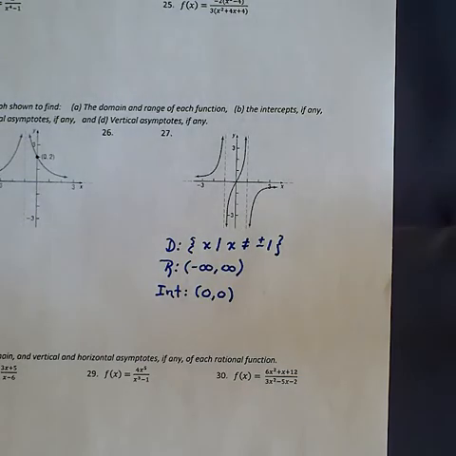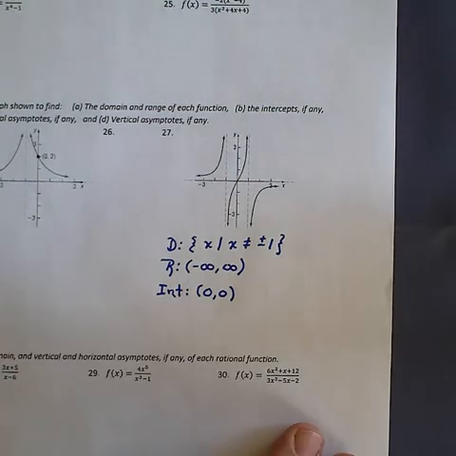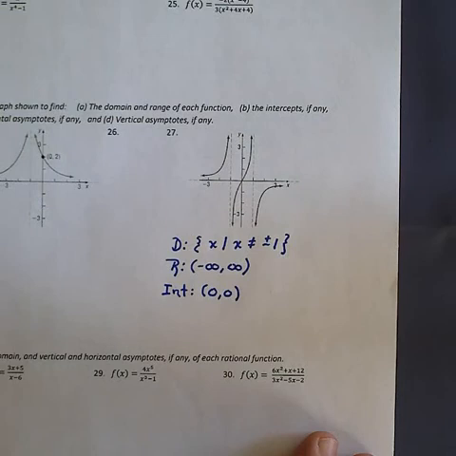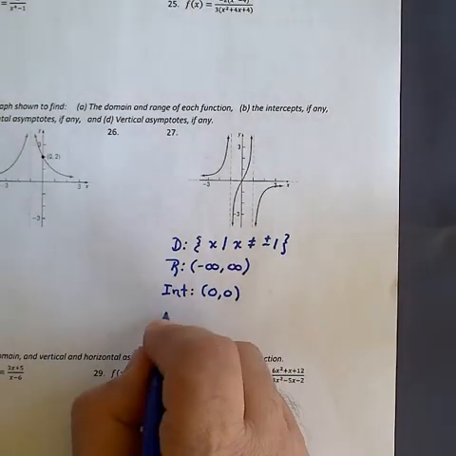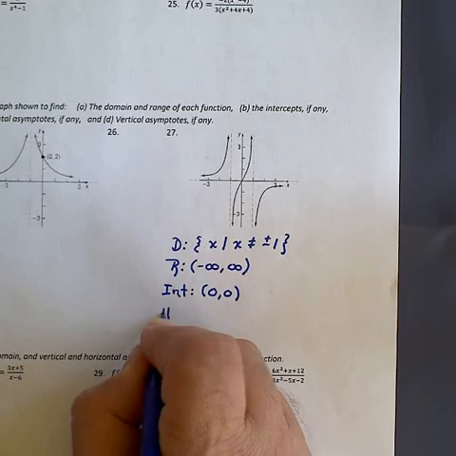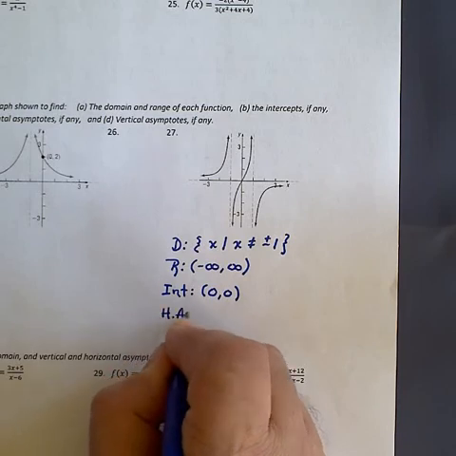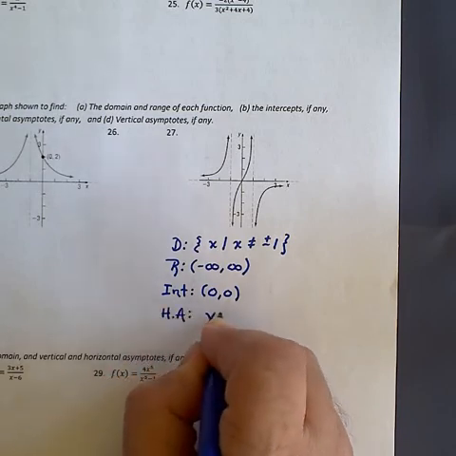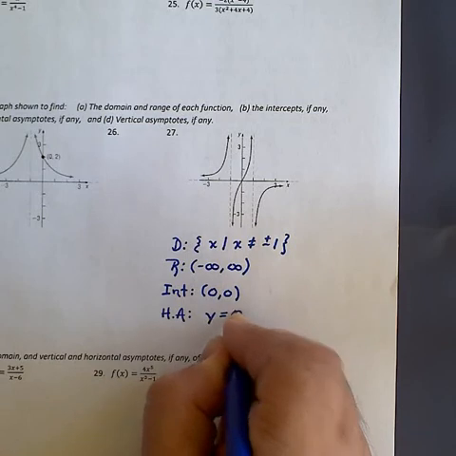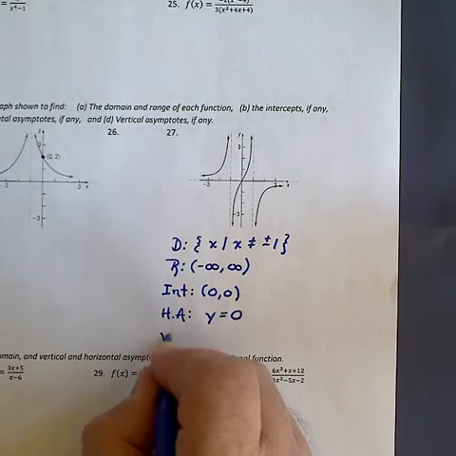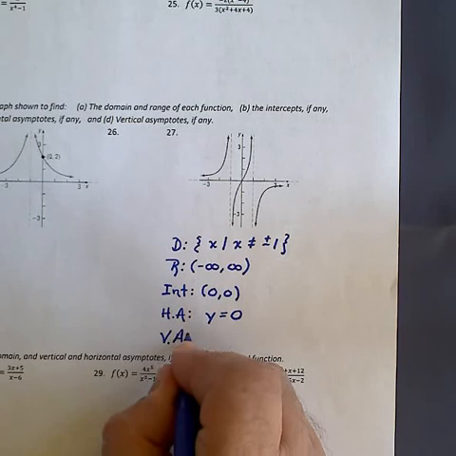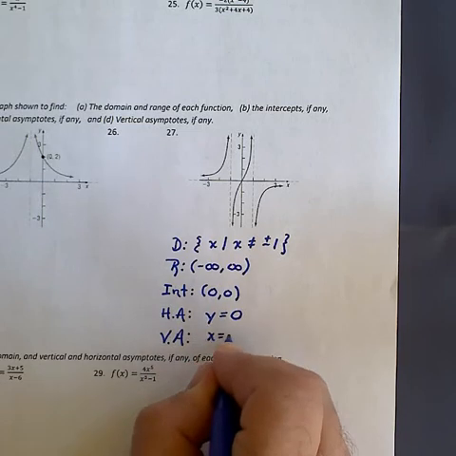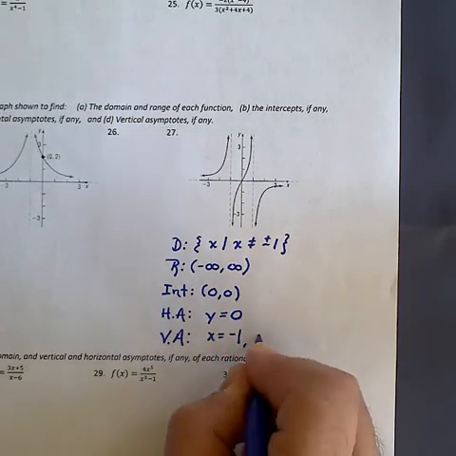Remember how you write horizontal lines. A horizontal asymptote is a horizontal line. That means it's a y equals. So horizontal asymptote at y equals 0. Vertical asymptotes are x equals -1 and x equals +1.